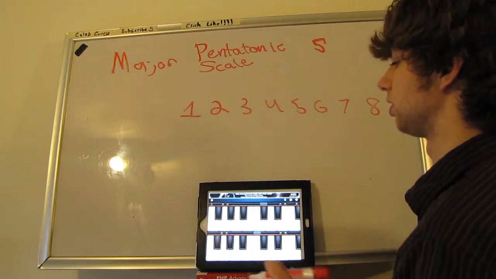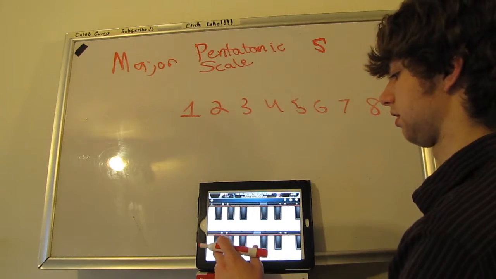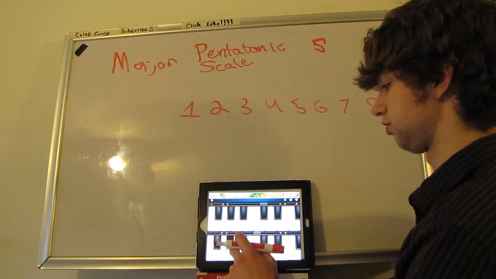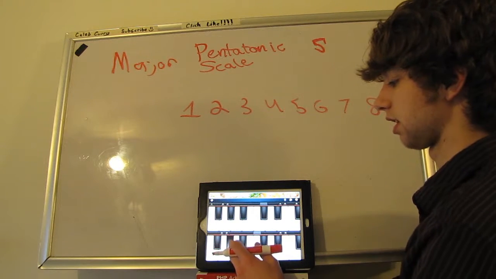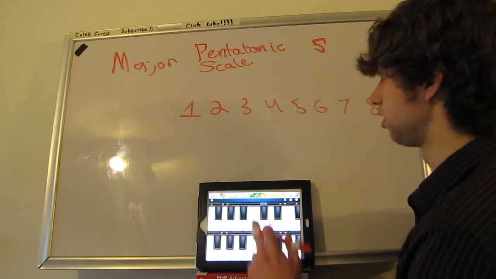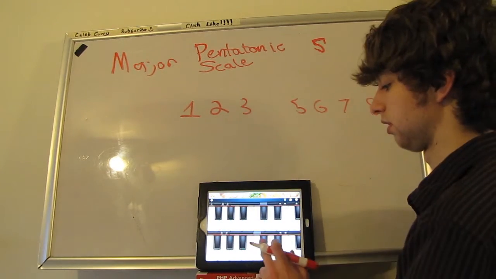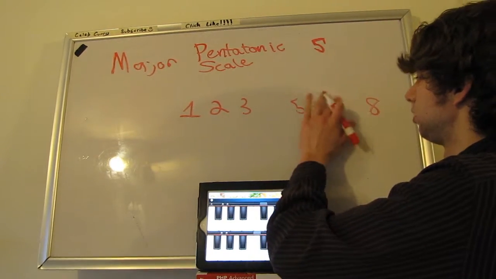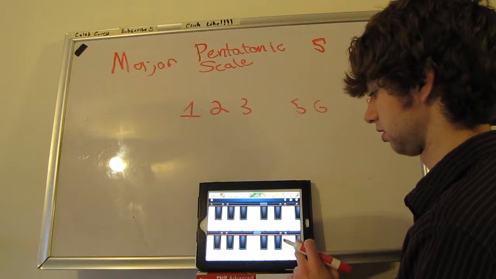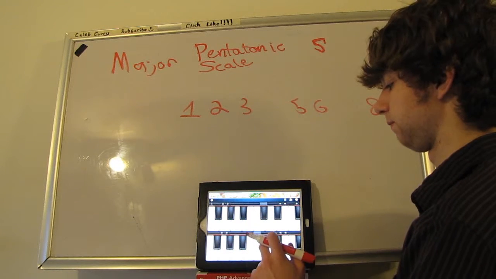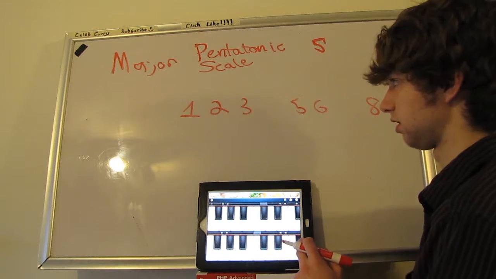Basically, if we are on F sharp major scale, that's the tonic, 2nd, 3rd, we're going to erase the 4th, 5th, 6th, get rid of the 7th, and we are back to where we started: 1, 2, 3, 5, 6, octave.